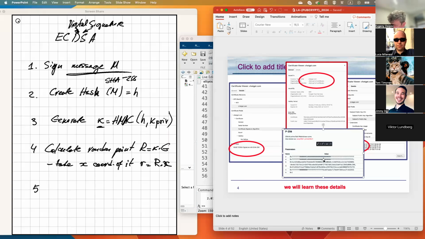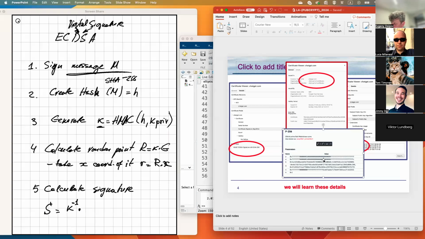And so you calculate the signature. How do you do that? You take your K that you generated somehow here, to the power of -1, and I will shortly tell you what it is.